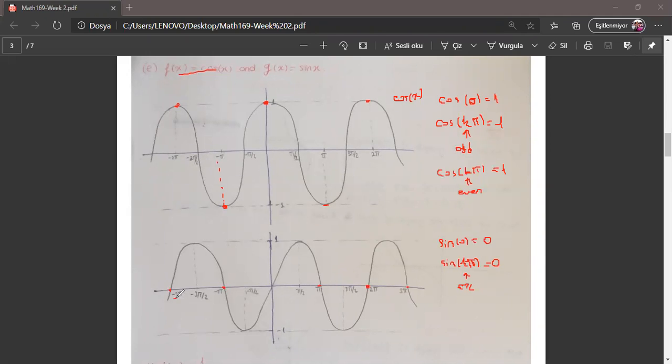For any integer, here we have 1, 2, 3. For any integer k pi, sinus k pi is equal to 0, and it gets 1 at the point pi over 2, and -1 at the point 3 pi over 2. So this is the graph of sinus x. You should know these ones again.